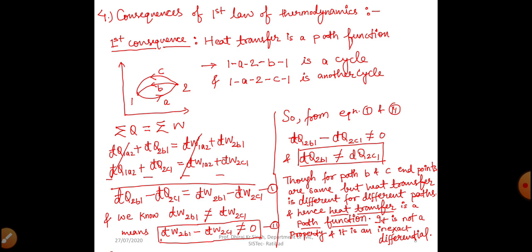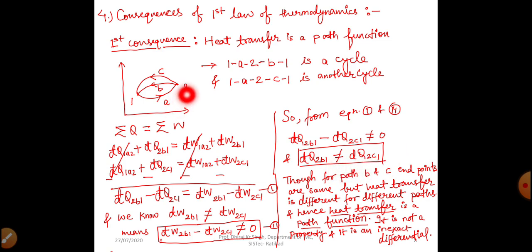So from equations 1 and 2, we can see del Q2B1 minus del Q2C1 is also not equal to 0. If the right hand side of equation 1 is not equal to 0, then obviously the left hand side will also not be equal to 0. So from del Q2B1 minus del Q2C1 not equal to 0, we can write that del Q2B1 is also not equal to del Q2C1.